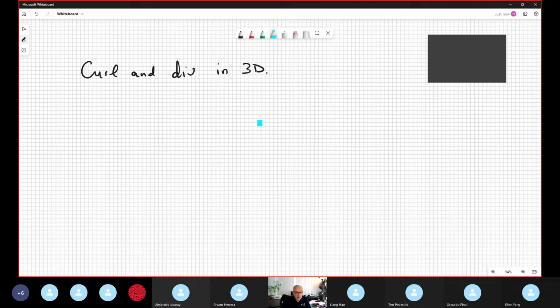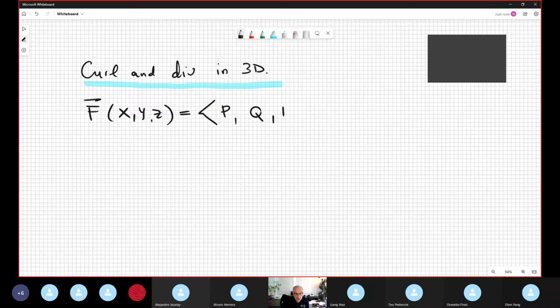Now, okay, we have a vector field of x comma y comma z, and normally the function is P, Q, R, p comma q comma r. Each is a scalar function depending on x comma y comma z.